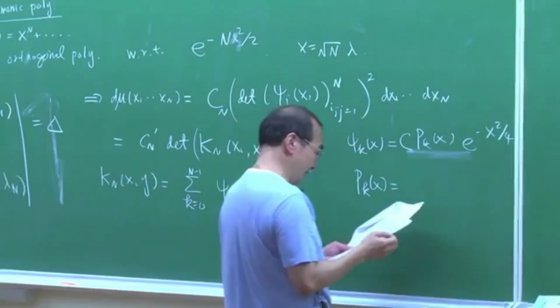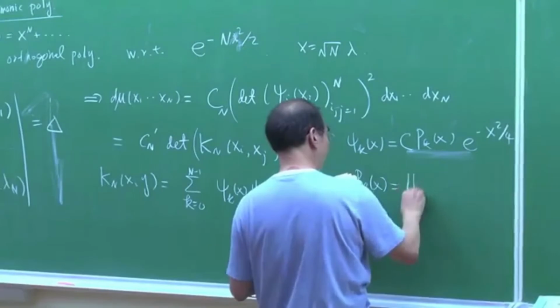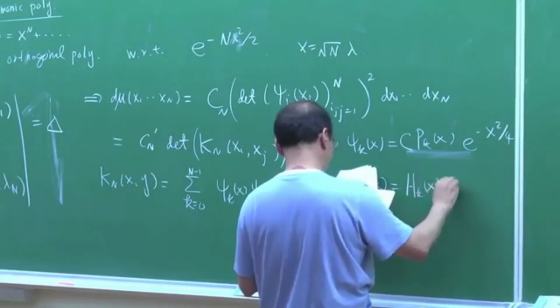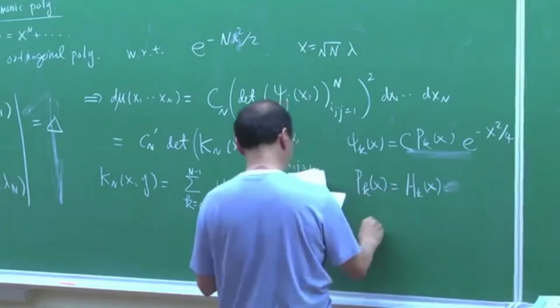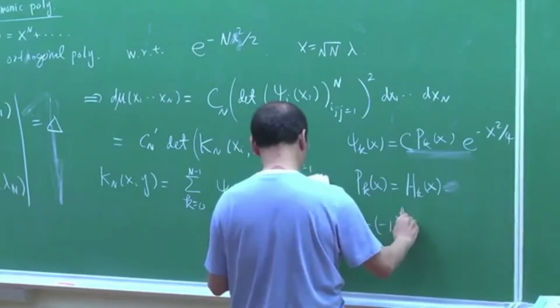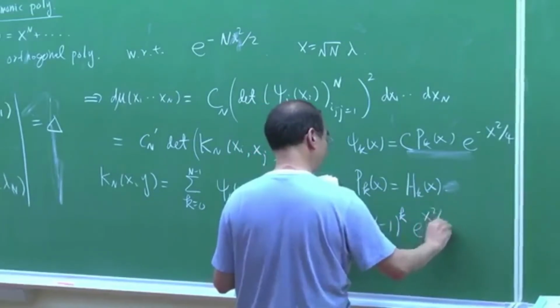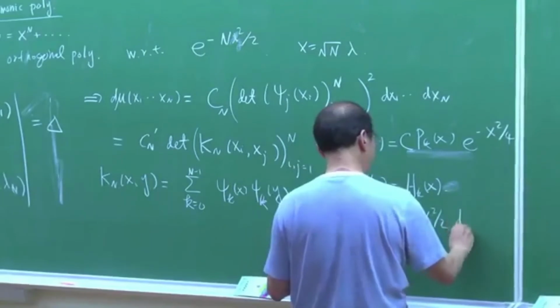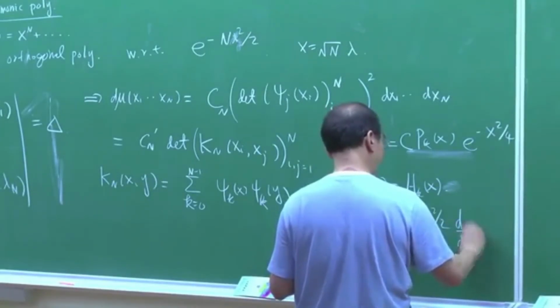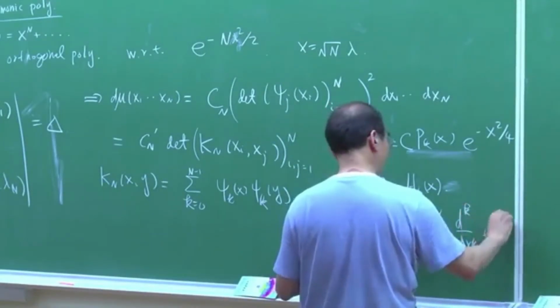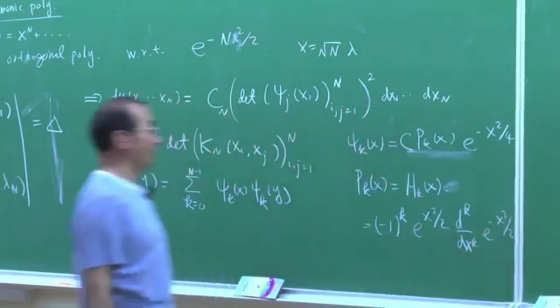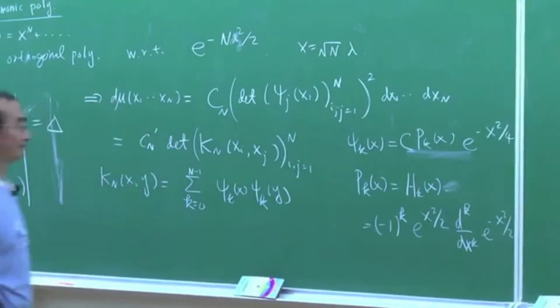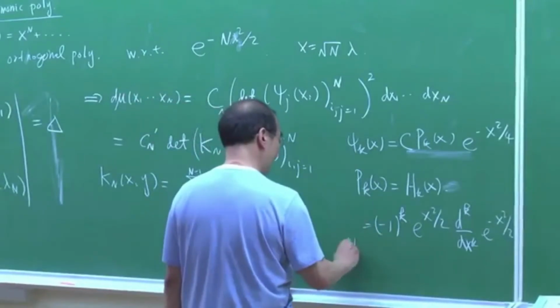Pk of x is equal to hk of x, which is equal to minus 1 to the k e to the x squared over 2 times dx to the k of e to the minus x squared over 2. And this is a Hermite polynomial. This pk is a Hermite polynomial.